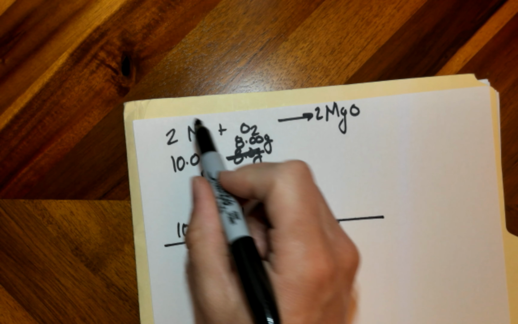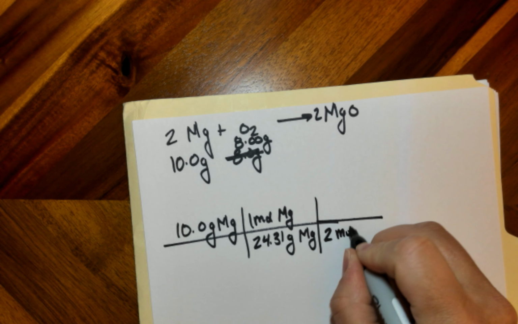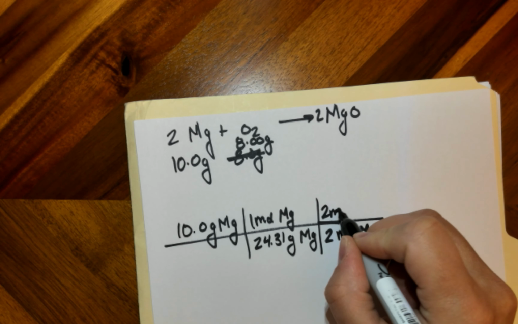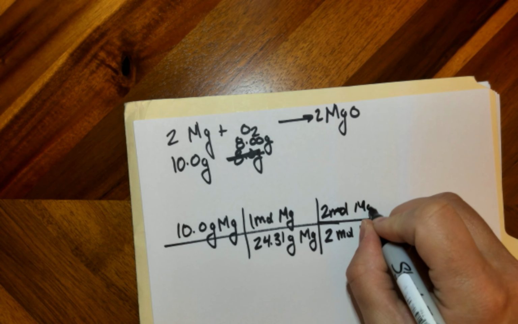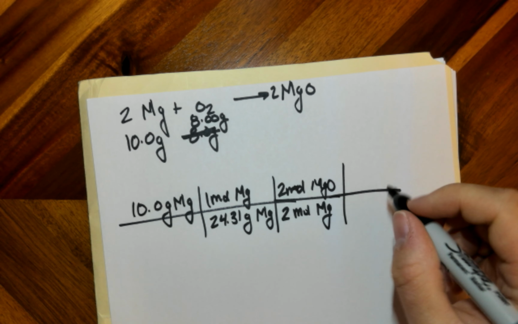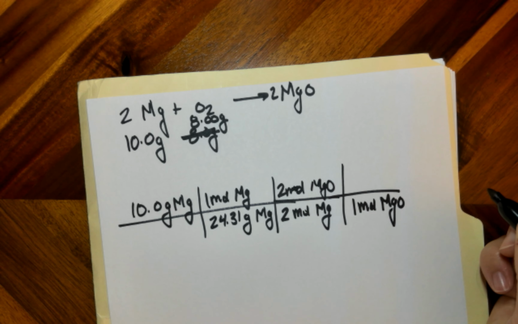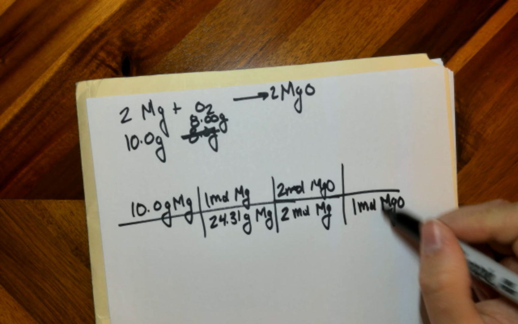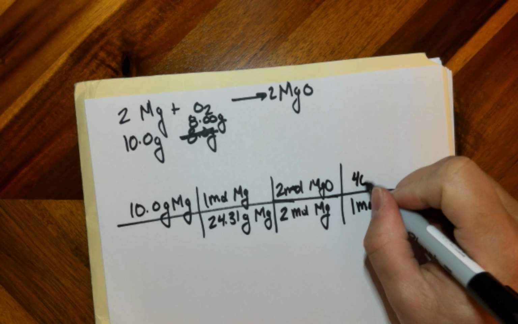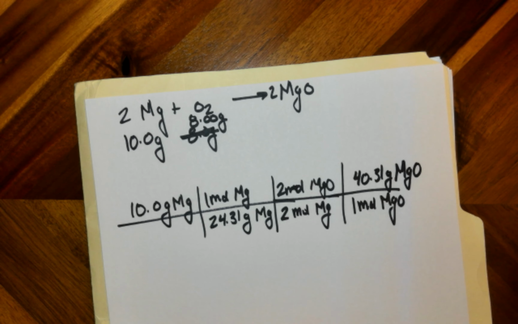And then for every 2 moles of magnesium, we get 2 moles of magnesium oxide. And then 1 mole of magnesium oxide is a certain mass. We do that by adding up the mass of magnesium and the mass of oxygen, which should be 40.31 grams of magnesium oxide.